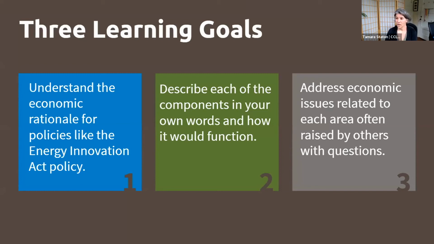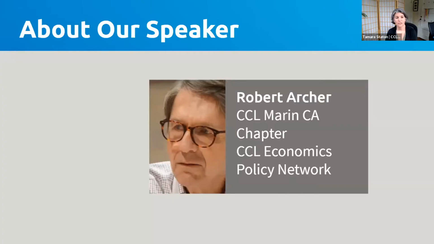Bob, whom I will introduce very shortly, will describe each of the legs in his words, and we hope that you will be able to describe them later in your own words and how it would function within the United States. And we hope to help you understand how to address economic issues related to each leg, often raised by others with questions. So with that, I am going to introduce Bob, who is our speaker, Bob Archer.